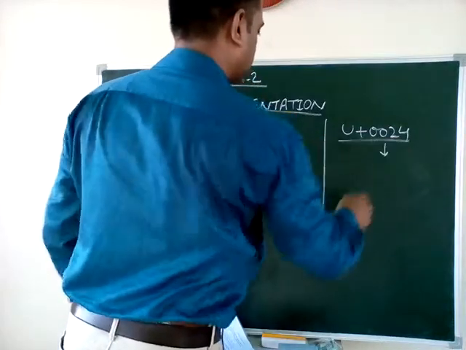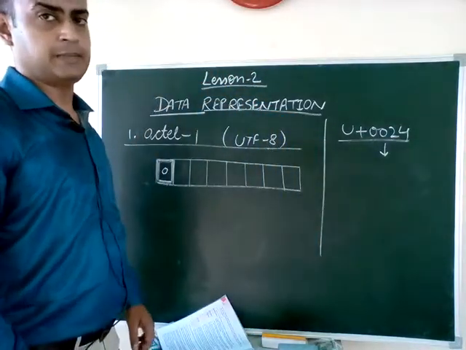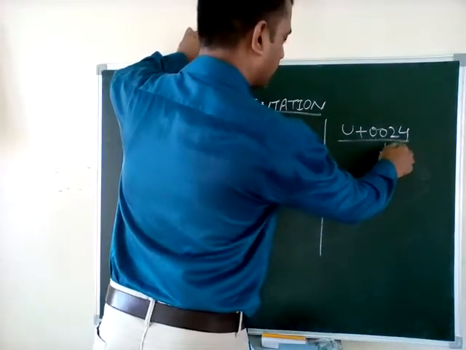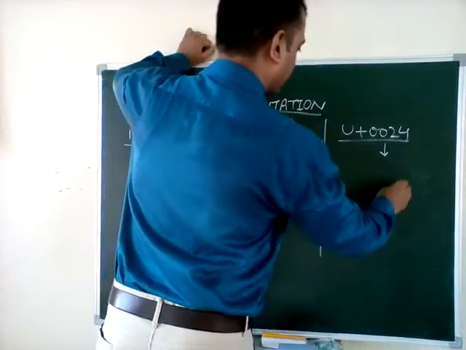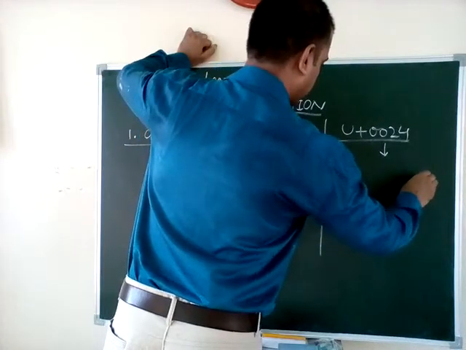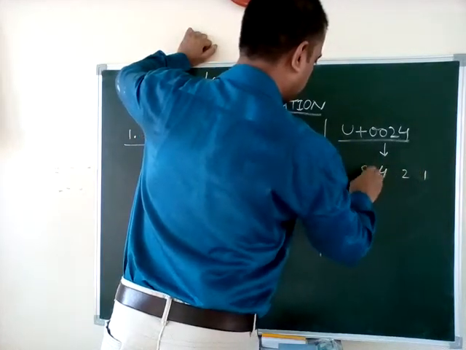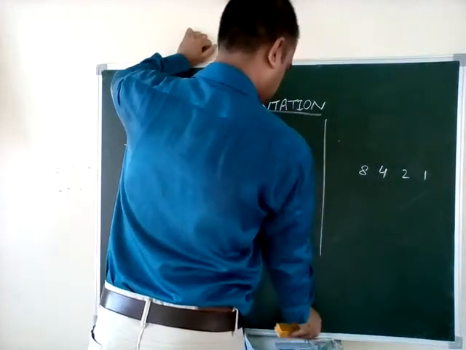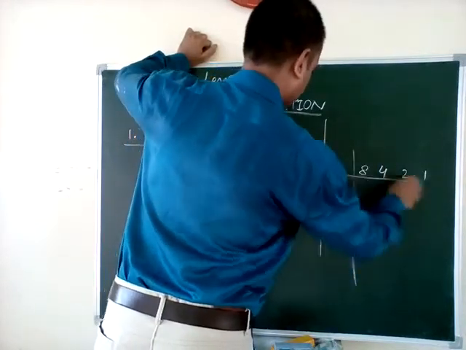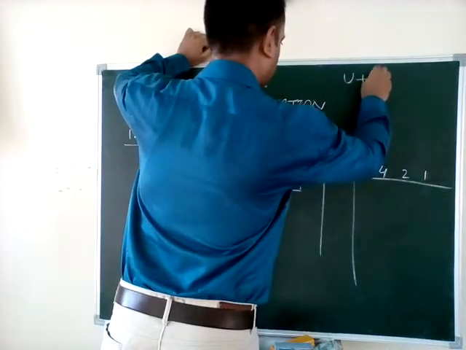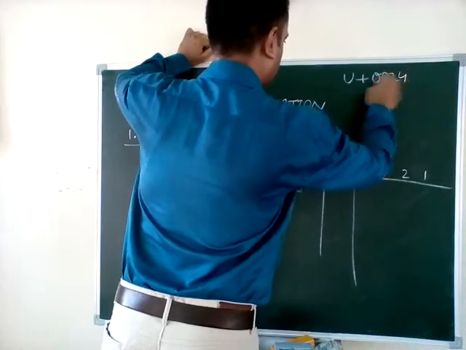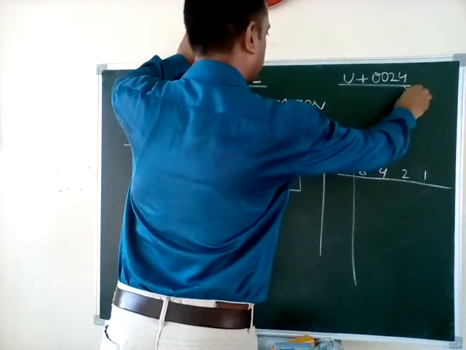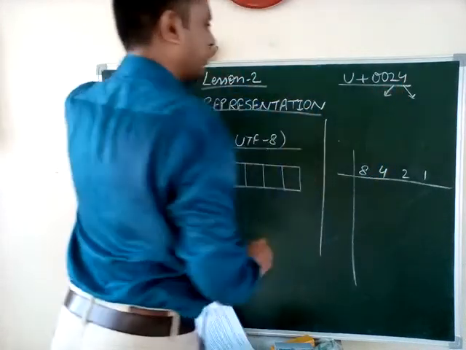When you convert this 0024 in hexadecimal, remember this point. So how will you convert this 2 and 4 in hexadecimal? This table you remember: 1, 2, 4 and 8. In this table you will consider this 4 and this 2 only.